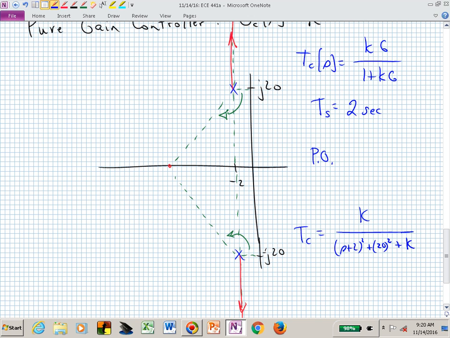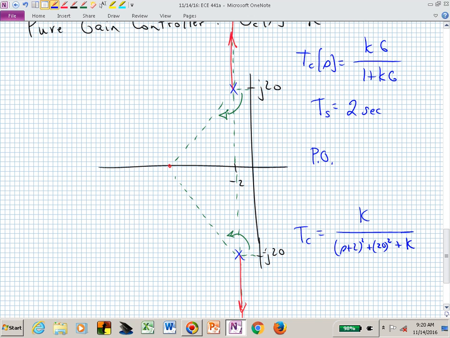But if I pick a K, it's going to put my closed loop pole somewhere on that red line. And what's a K going to do in terms of the closed loop poles? What's K changing? It's not changing the real part, is it? It's changing the imaginary part. And what happens when I change the imaginary part? That's omega sub d, isn't it?